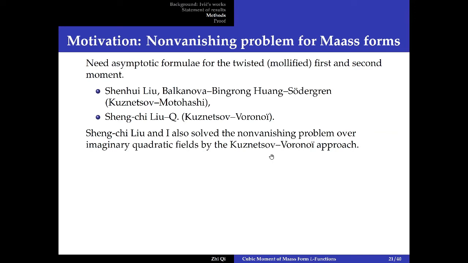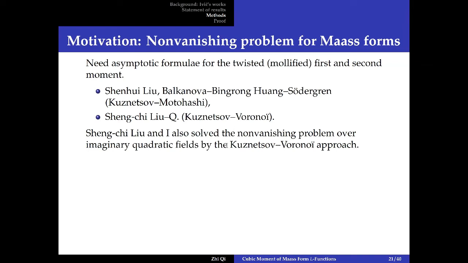And for the Maass form case, there are some recent results due to Liu Shenhui and Balkanova, Huang Bingrong, and Södergren. And their approach is to use the Kuznetsov-Motohashi formula, the same as Ivić. And this is very effective, like I said. So it's very effective when you treat the second moment.